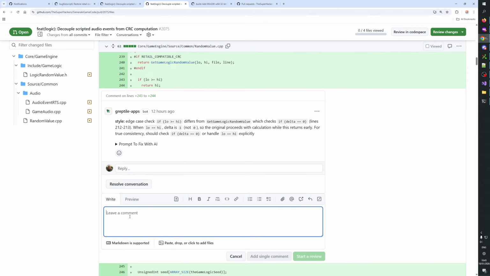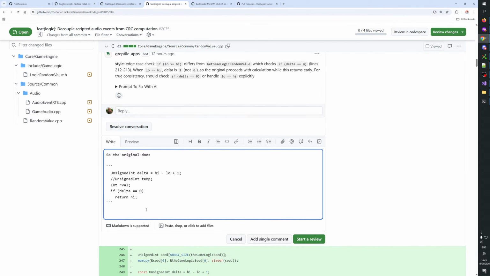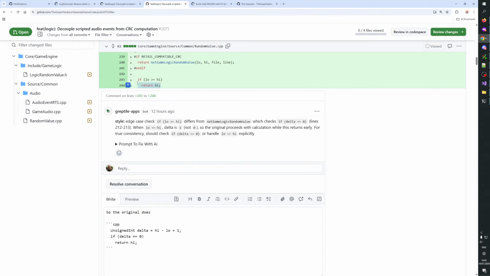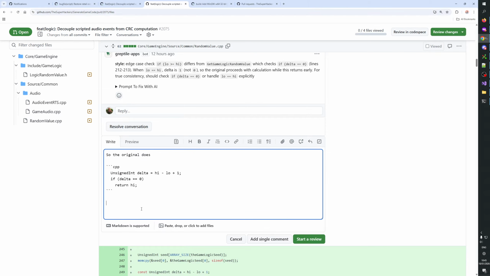So the original does... and this now does... I think these are not the same.